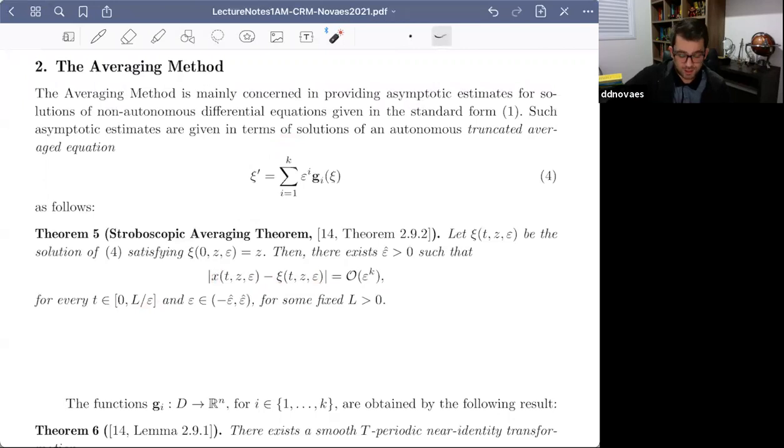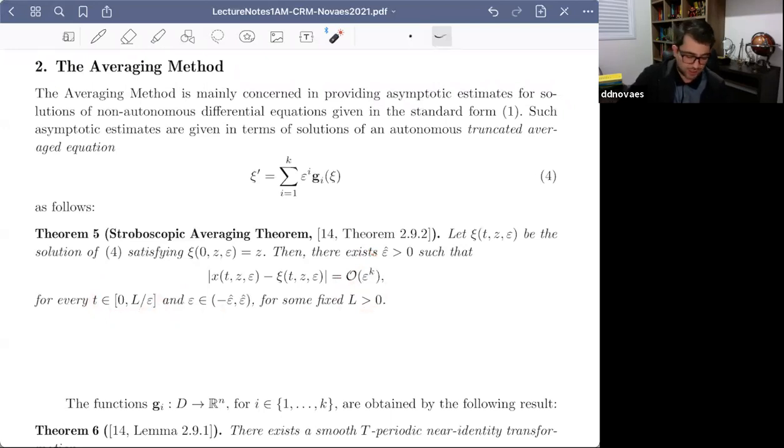So when ε goes to 0, this difference goes to 0, and the length of this interval goes to infinity. This is true for every ε in (−ε hat, ε hat), and for some fixed L positive.